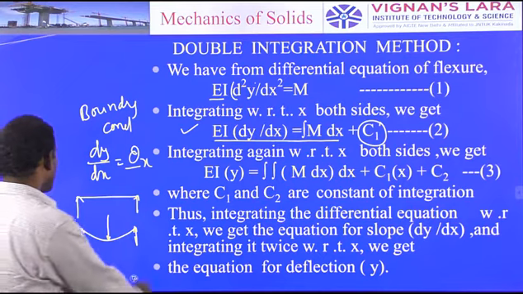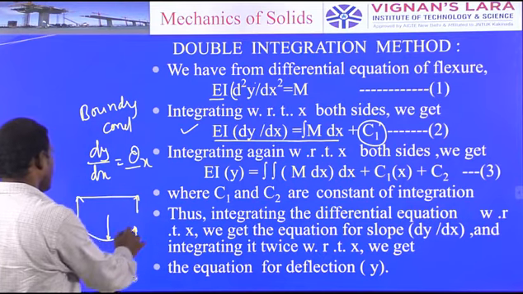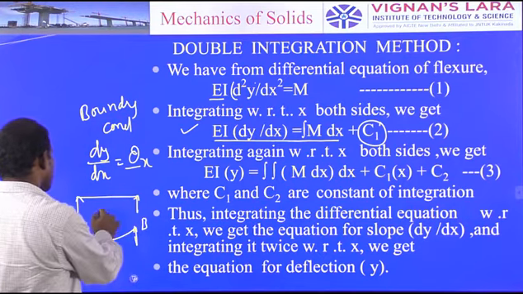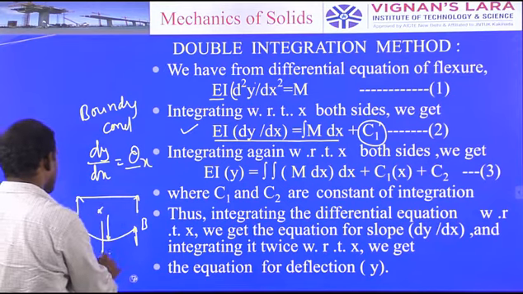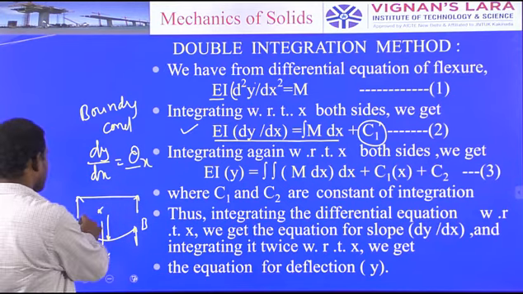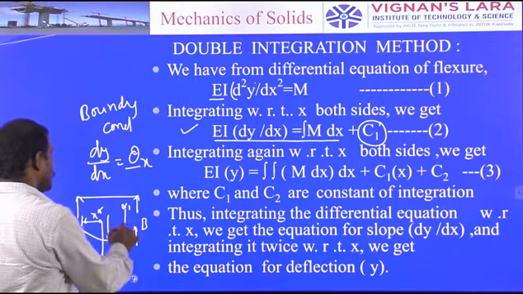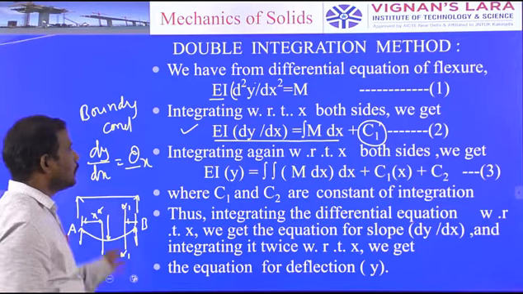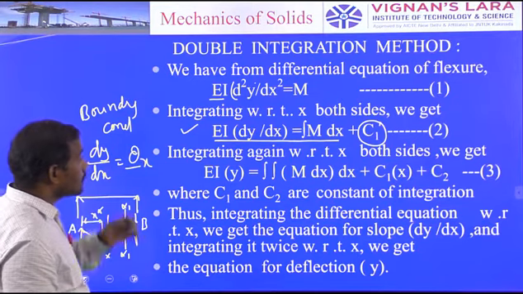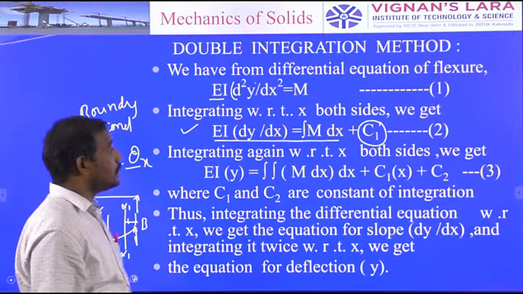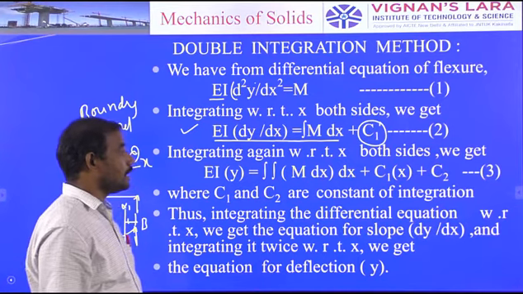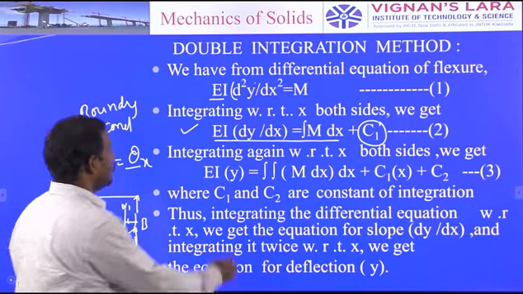So I can find the slope at A as well as B, at any position, say at a distance x from the end A, or x1 from B, as shown in the figure.